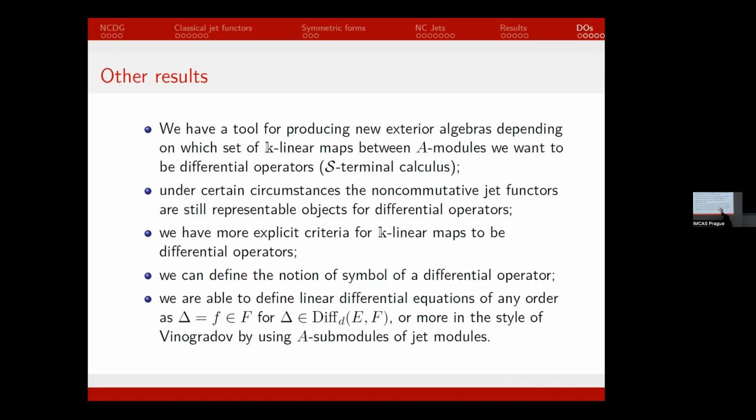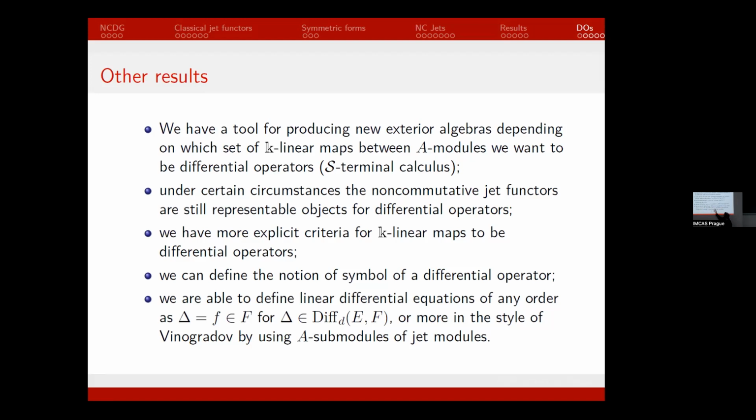And finally, we are able to define linear differential equations. We can do them algebraically by setting a differential operator equal to a certain element of F. This would be a non-homogeneous differential equation, whereas if there was a zero here, it would be a homogeneous one.